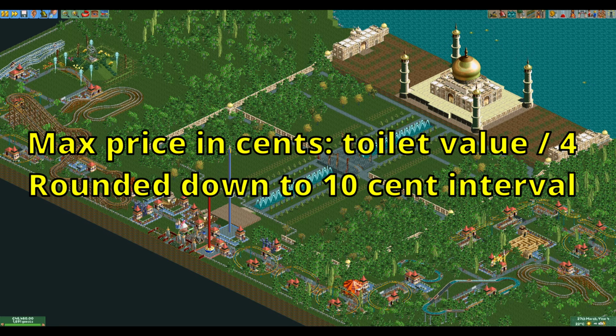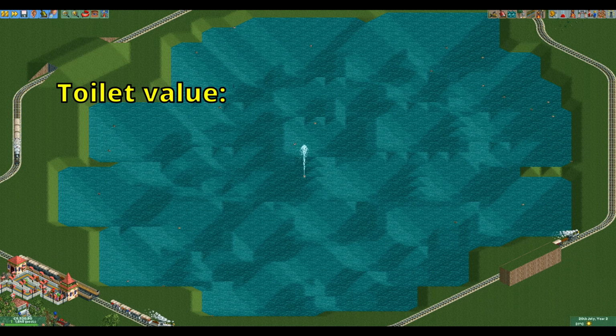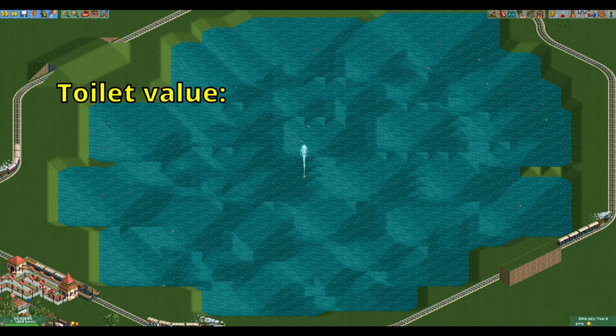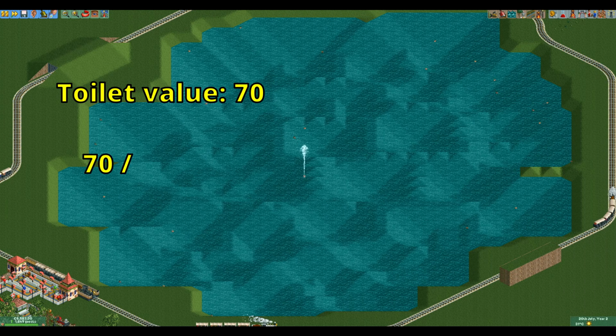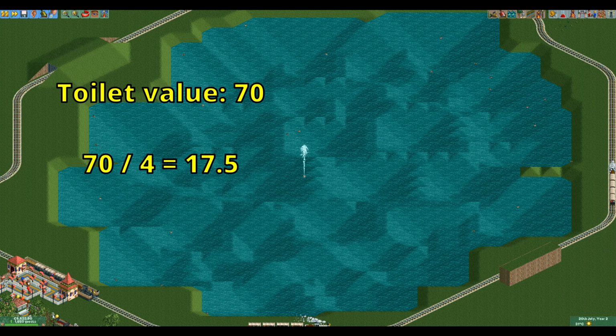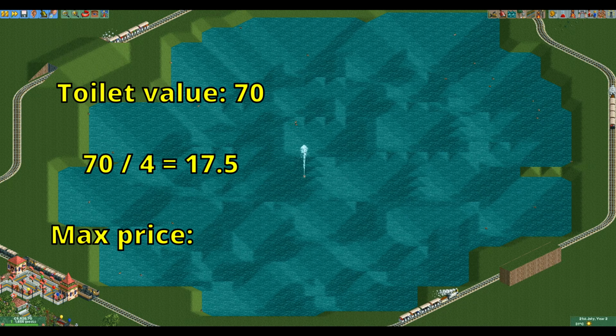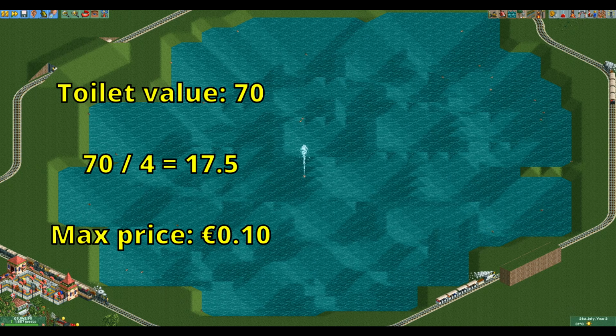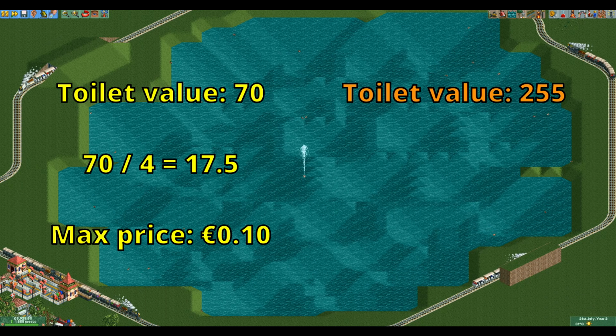Let's use two examples to see this in action. First, the minimum value for which they will go to the bathroom, which is 70. 70 divided by 4 is 17.5. This is quite close to 20, but we need to round down, so the maximum price that they want to pay is 10 cents.